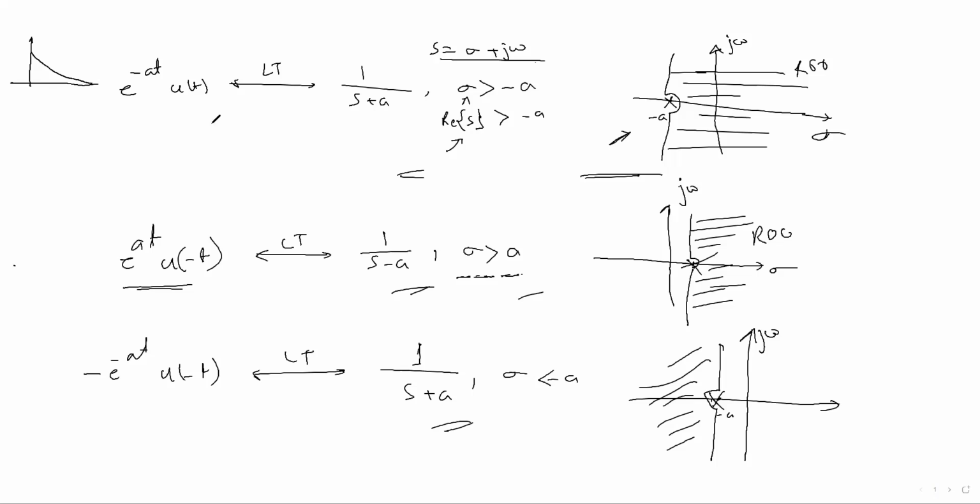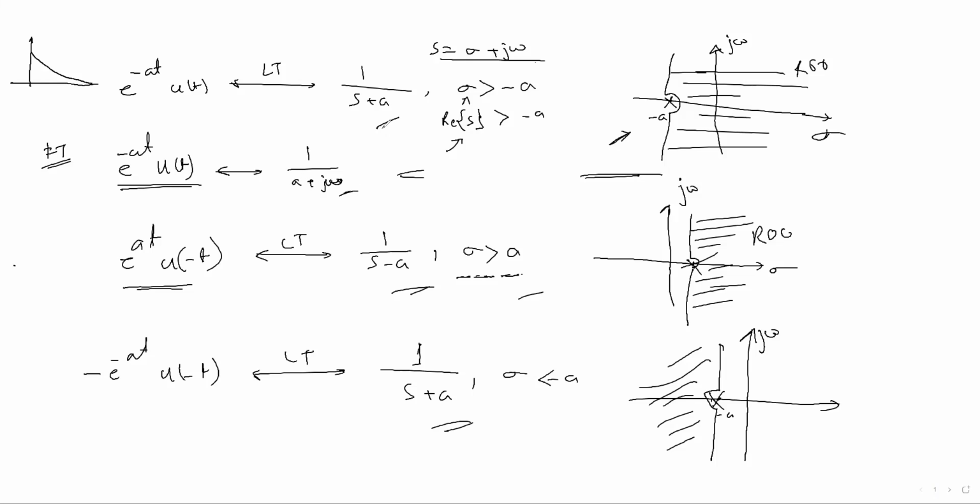If you see this equation, I have solved this type of signal in the case of the Fourier transform also. Can anybody say what the Fourier transform of this is? It is nothing but 1 by a plus j omega. If you remember, the Fourier transform of such a signal is 1 by a plus j omega.